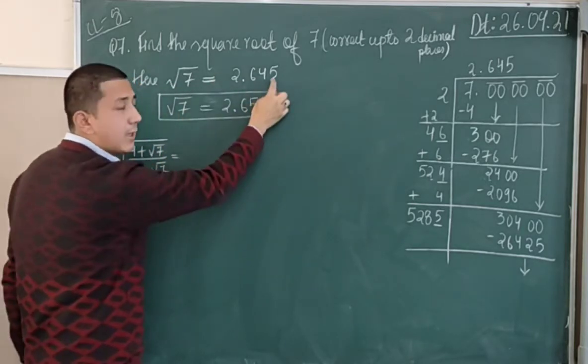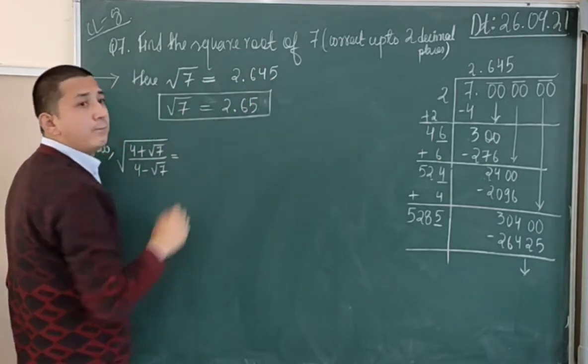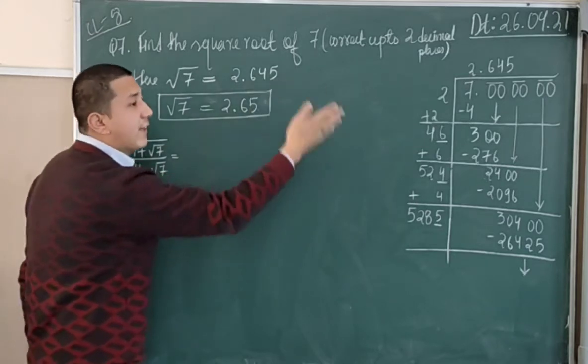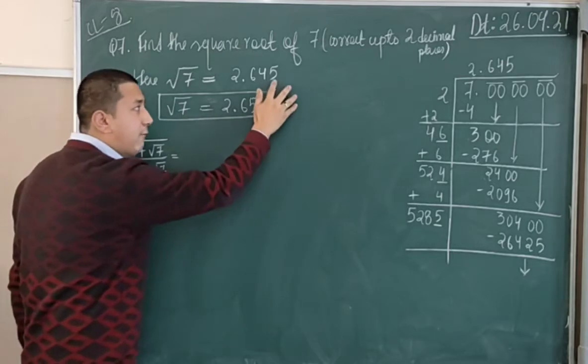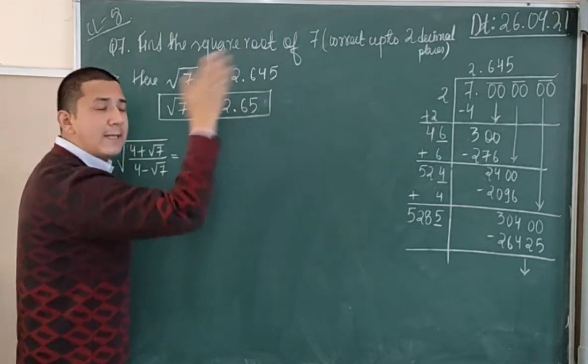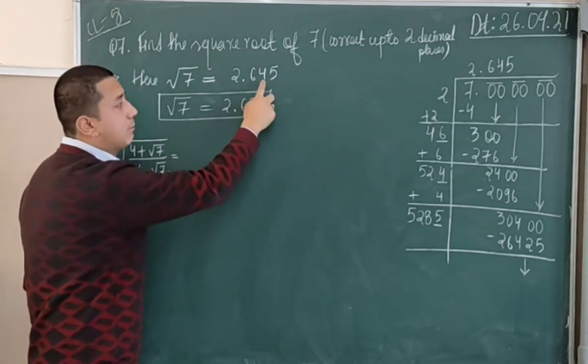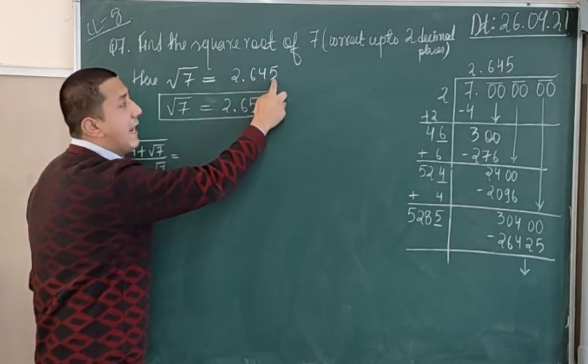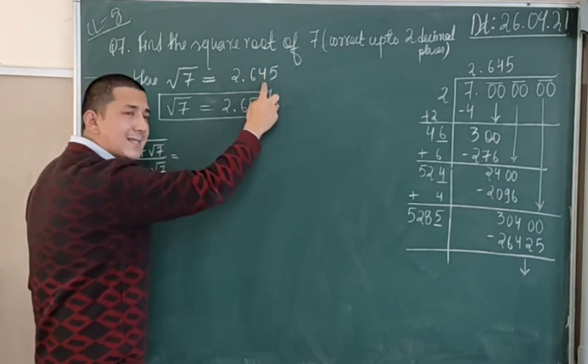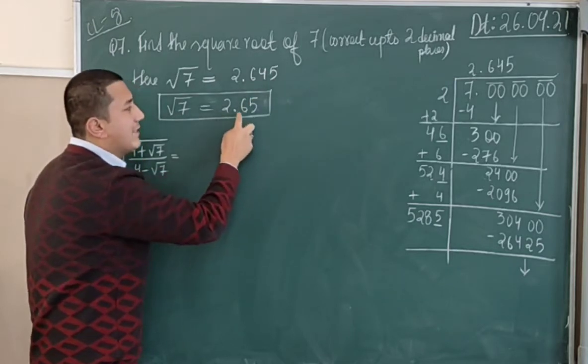What is the last digit? 5. If the last digit is 5 or more than 5, then I have to add 1 to the previous digit. So I will add 1 to 4, and I will be getting 2.65.